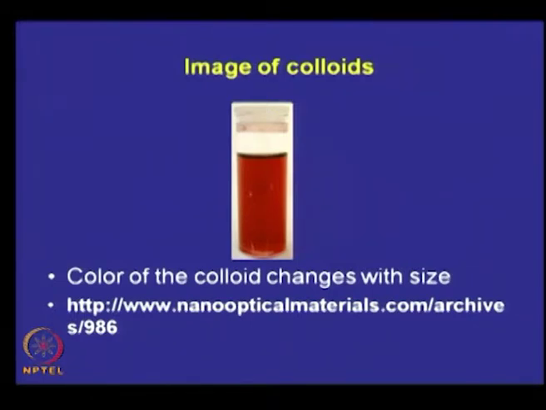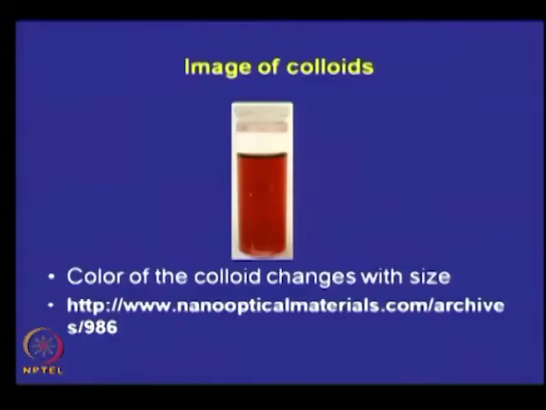It is transparent, colored red, and if you look up the link I have given over there, you will see that the color of this sol changes with the size of the particle. And you can have a variety of colors just by varying the particle size of this gold sol. I hope you have time to copy your link, and that is why I am going quite slow.